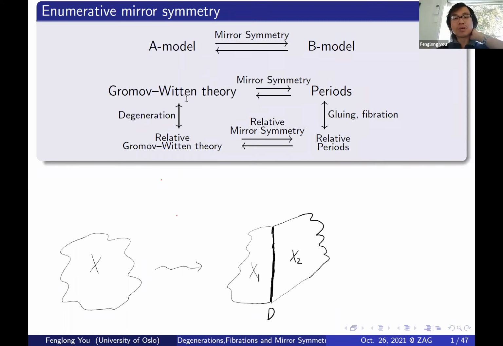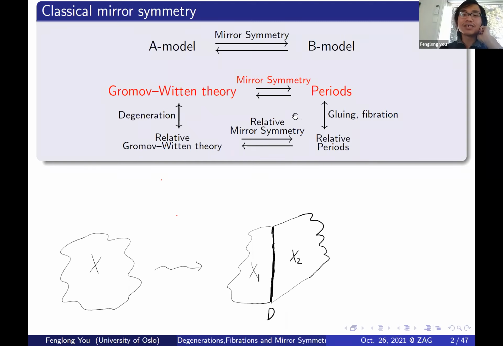The goal for today is to go through this diagram. Some parts of this diagram are classical, like the relation between Gromov-Witten invariants and periods. This is the classical mirror symmetry that was proved about 25 years ago, and the relation between Gromov-Witten invariants and relative Gromov-Witten invariants has also been known for about 20 years.